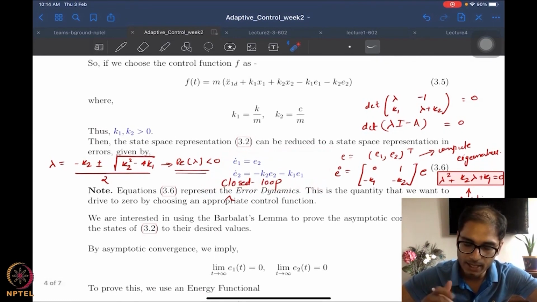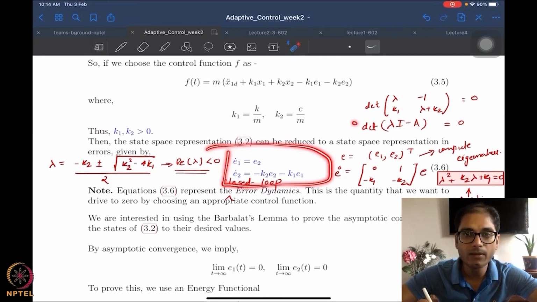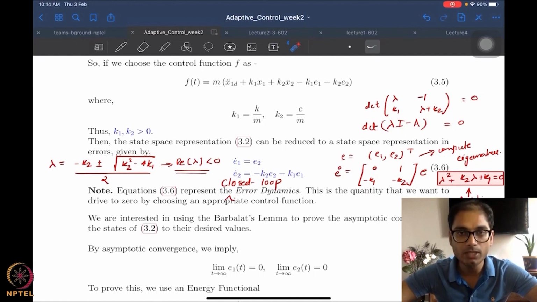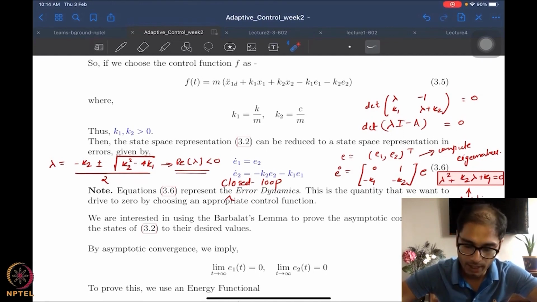Now, the idea behind the target system is to have a stable system, asymptotically stable at least, because we want these errors to go to zero, right? So we wanted to create this asymptotically stable system. In this case, of course, exponentially stable because it is linear, right?